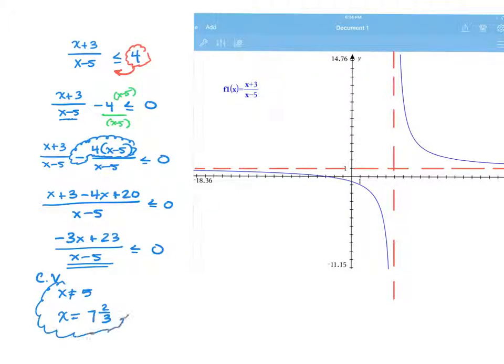And what we are going to do is sign analysis surrounding these critical values. So you make a number line. Here's my number line, and you're going to plot these critical value points. Make sure you have all your critical values. I don't have a lot here, but this is it. So my first critical value is 5, and my next one is 7 2/3.